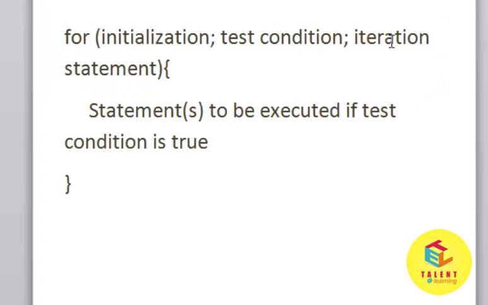Iteration is used to increase or decrease our counter, our local variable. So this is a very simple syntax, and we have to write all three in the same line, separated by semicolons. To clear your idea about the for loop, let's go through a simple example.